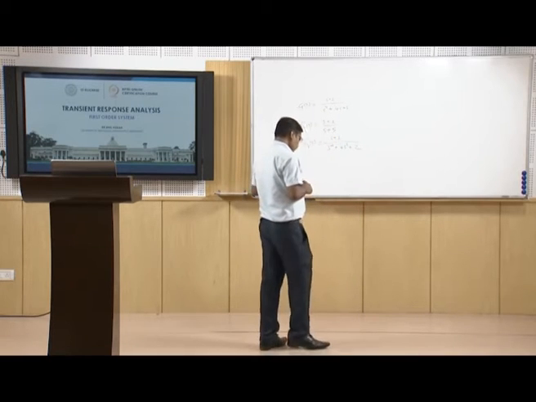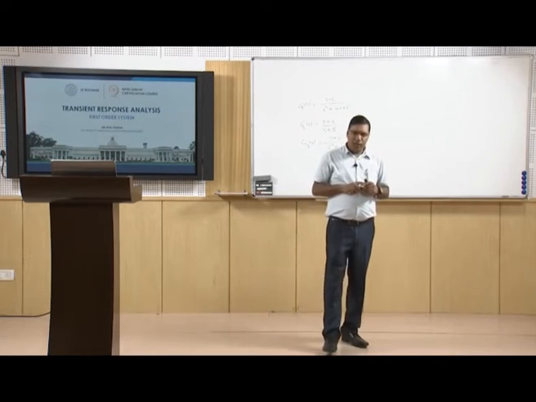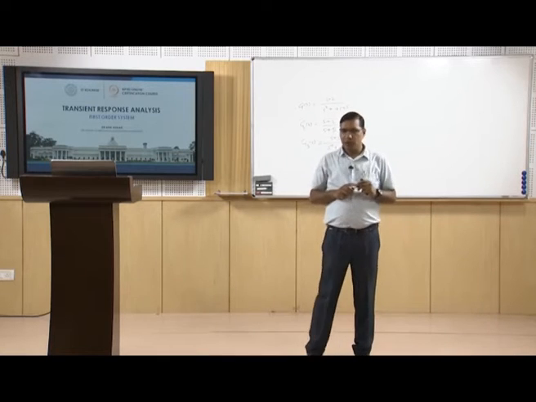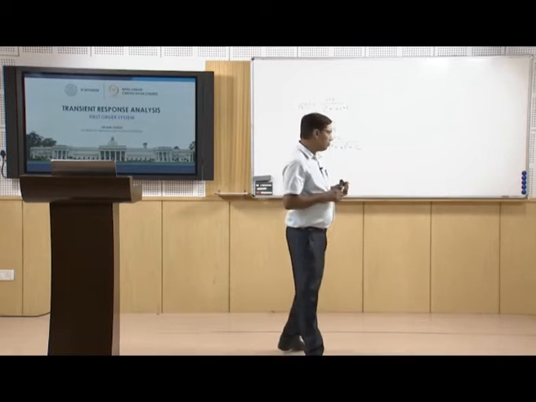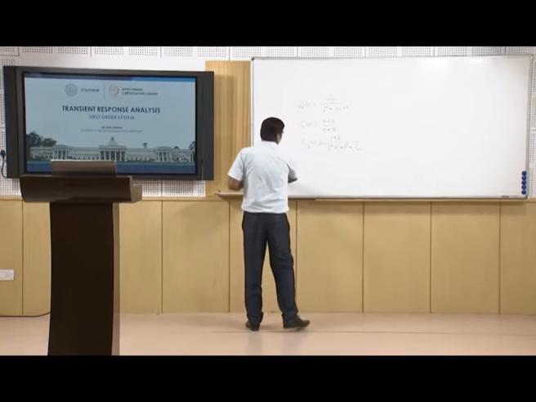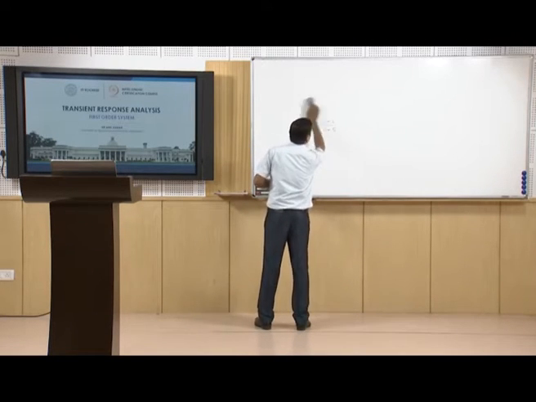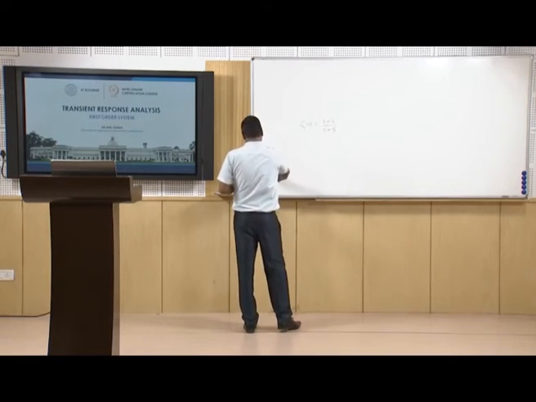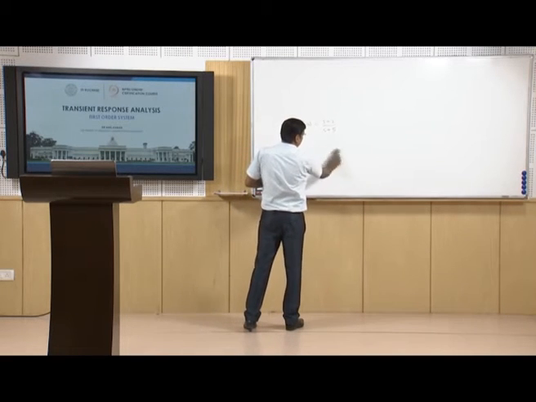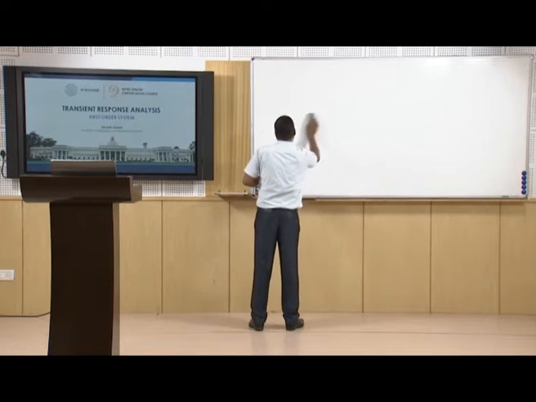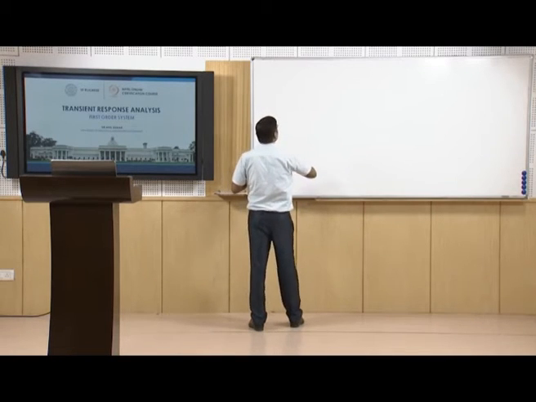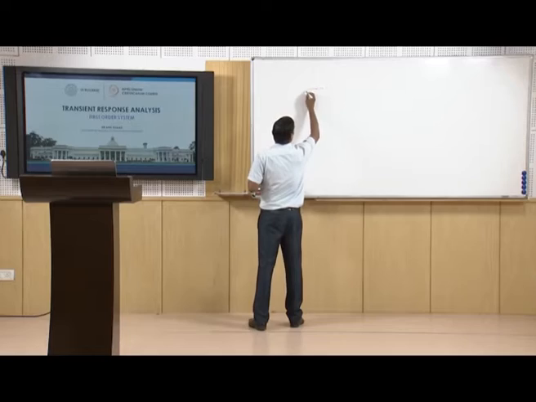So when we say first order system, it means that in the denominator the highest power of s should be 1. So this is a first order system. Let's take a first order system.